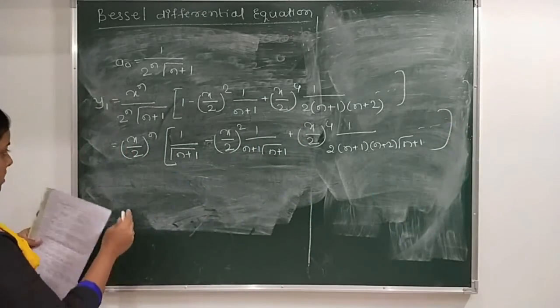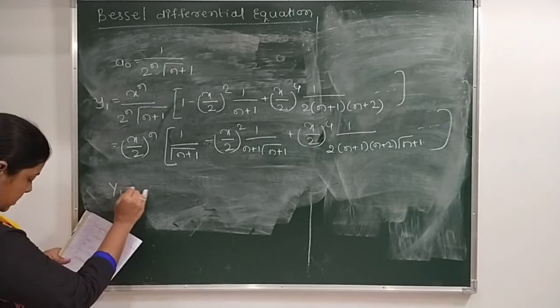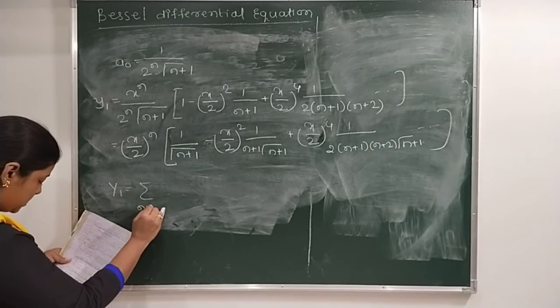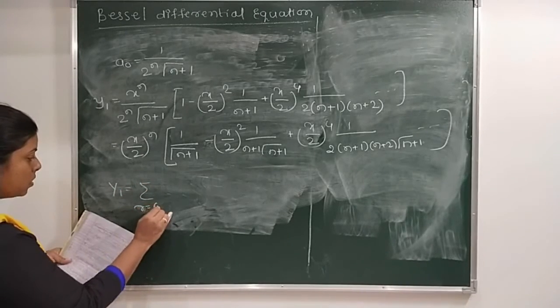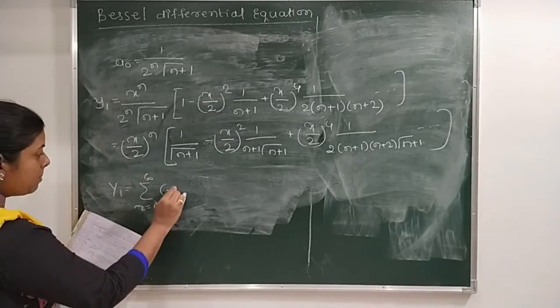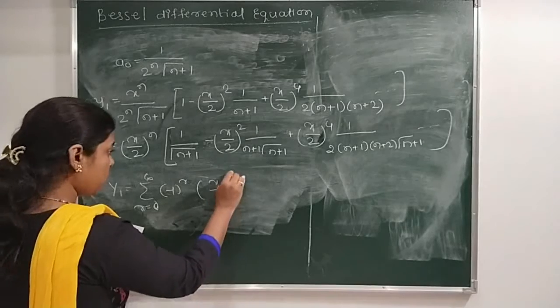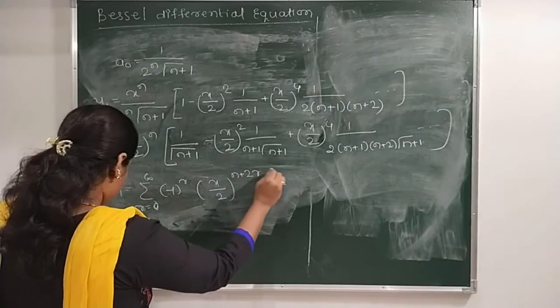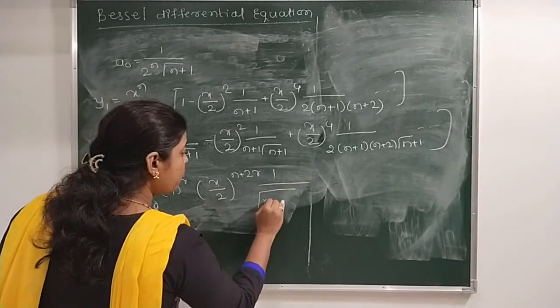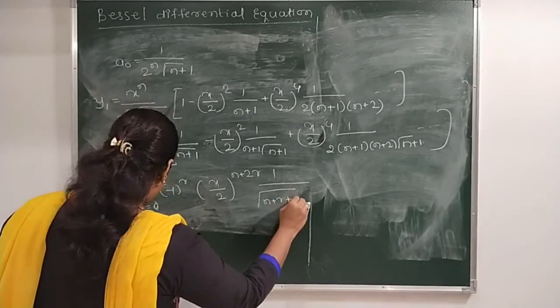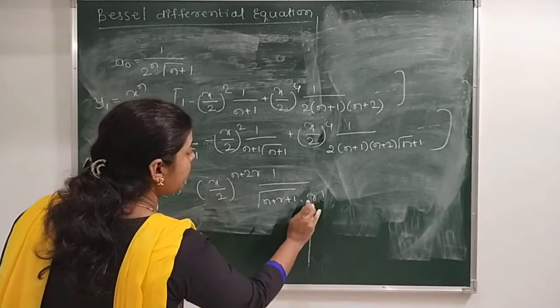And by this we get y1 as summation of r is equal to 0 to infinity, minus 1 to the power r, x divided by 2 raised to n plus 2r, 1 divided by gamma of n plus r plus 1 into r factorial.